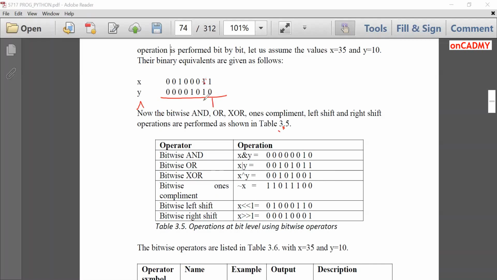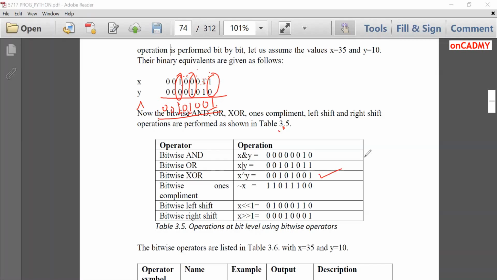If both are 1, 1, 0, both are zeros, then 0, 0, 1, 1, 0, 1, 0, 1, and 0, 0. So you need to remember where there are opposite inputs, either 1, 0 or 0, 1, only then there will be 1, otherwise for rest of the inputs it will be 0. So this is bitwise XOR operator.